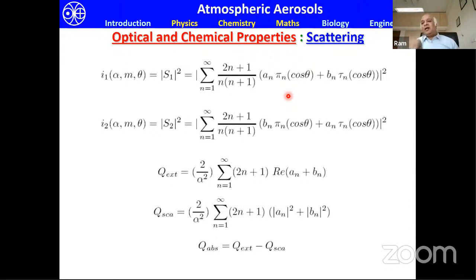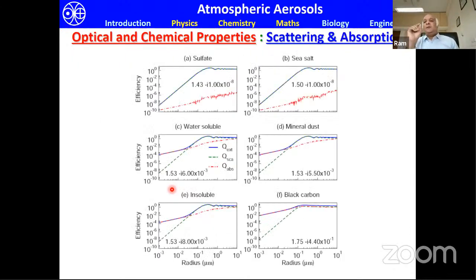From that, we calculate the extinction, which is the summation of scattering and absorption, and then calculate the scattering, and the difference between the extinction and the scattering gives rise to the absorption. So all these particles that are produced by different sources, of different types, can scatter and absorb the radiation.